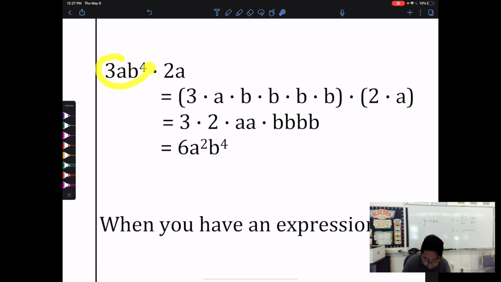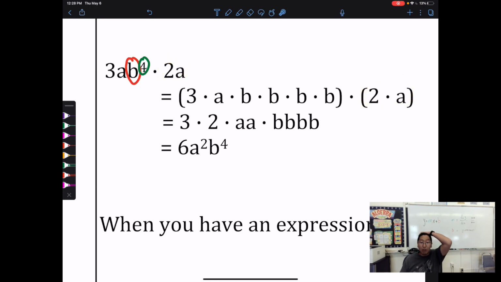This whole 3ab to the fourth is not raised to the fourth power. Only b is raised to the fourth power. So what you're going to see right here is 3a, but b to the fourth power is raised 1, 2, 3, 4 times. And then you have 2a written out.